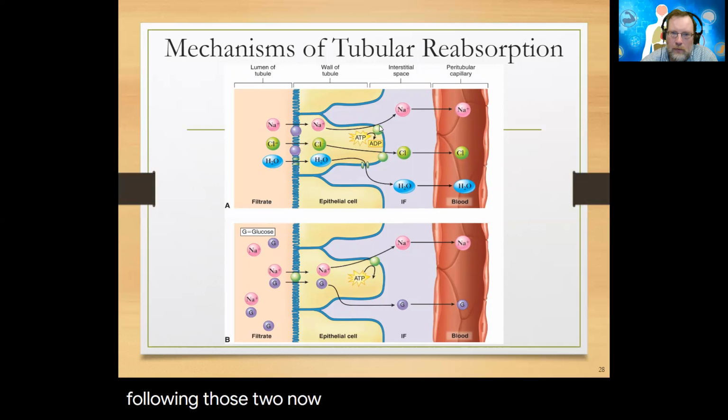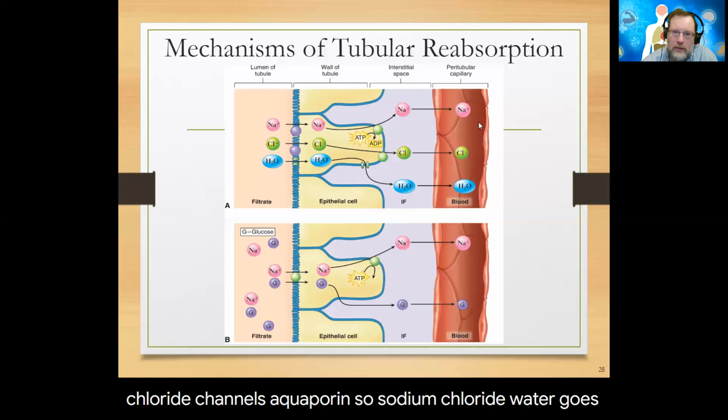Now, once we get out of the lumen of the tubule, we get into these epithelial cells. This is where we're going to find the sodium-potassium pumps, as well as chloride transporters or chloride channels. Aquaporins. So sodium, chloride, and water go into the interstitial space and then make it into the bloodstream.